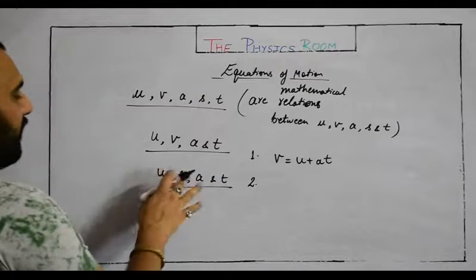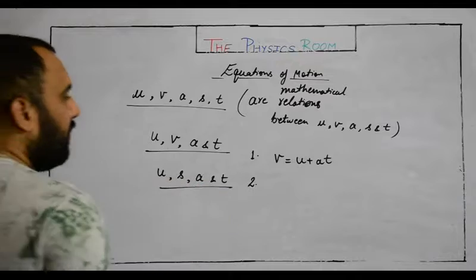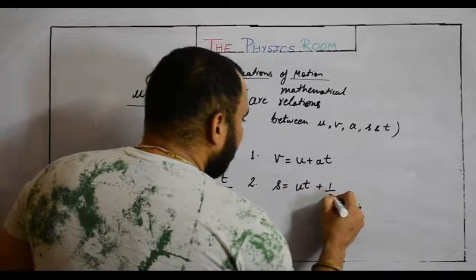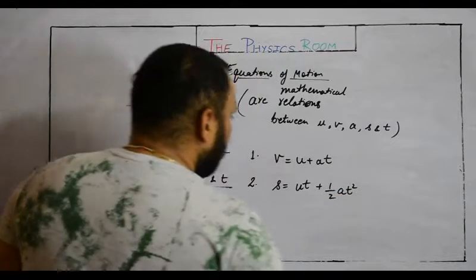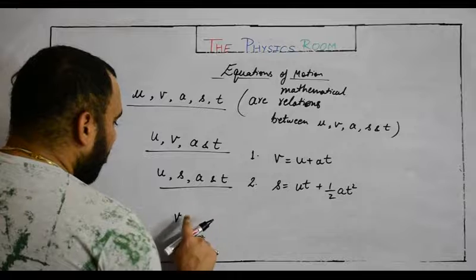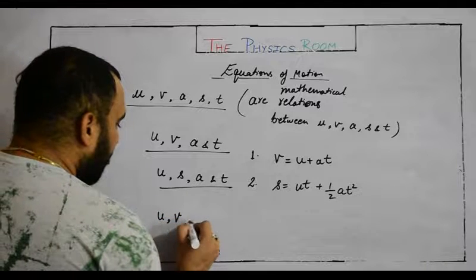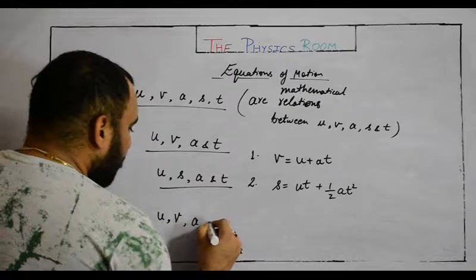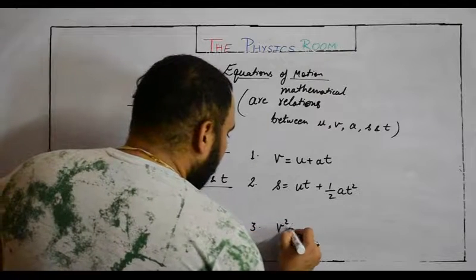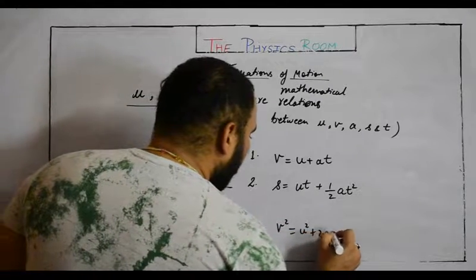So we are having only these 4 variables. At that time displacement equals ut plus half at square. And the third equation of motion provides a relation between initial velocity u, final velocity v, acceleration and displacement, not the time. So the third equation of motion is v square equals u square plus 2as.